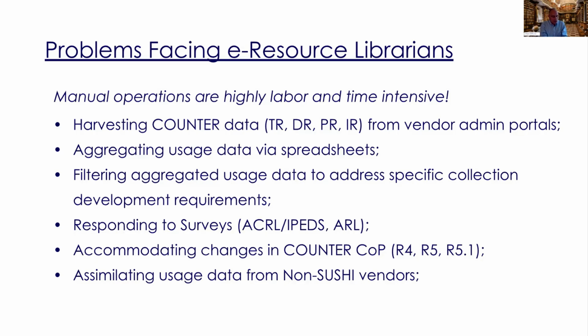So publishers are required to begin publishing their COUNTER metrics in accordance with the COUNTER 5.1 spec starting in March of 2025. Not all the publishers and platforms have followed that exactly, and we're going to talk a little bit about that today in the context of the CELUS platform and how it will handle the difference in the data.